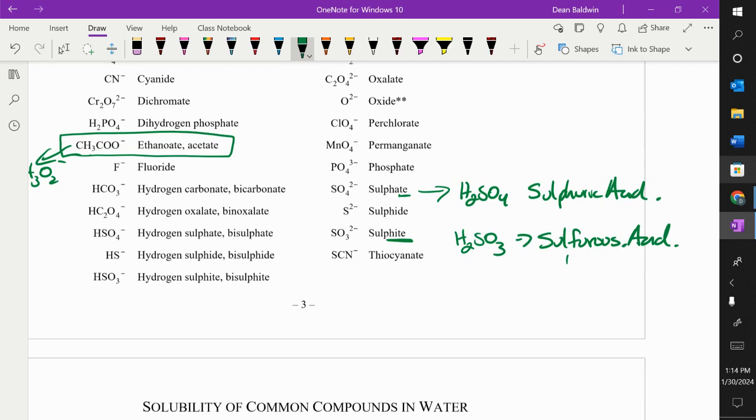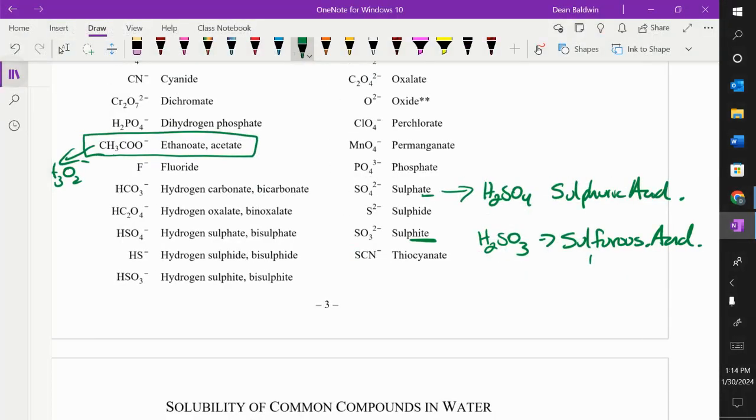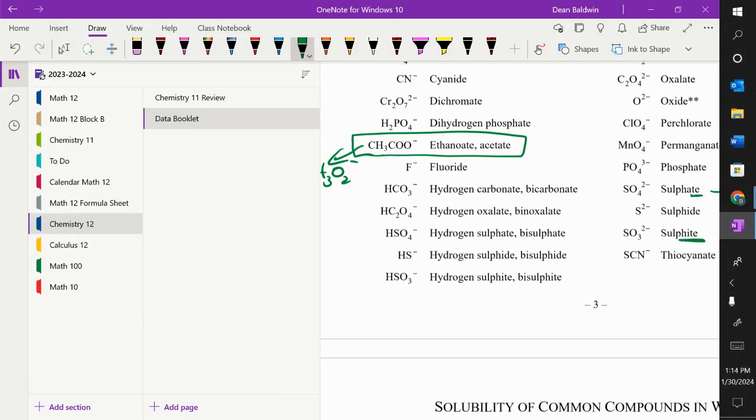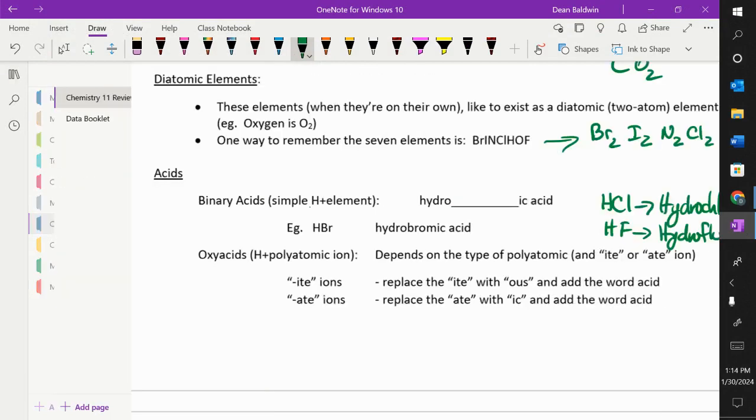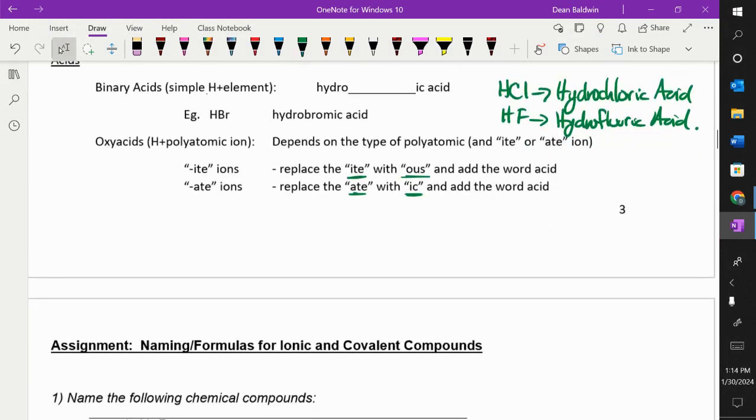All right. So "ate" changes to ic. "Ite" changes to ous, which is right here. "Ite" goes to ous. "Ate" goes to ic. So what would this be?